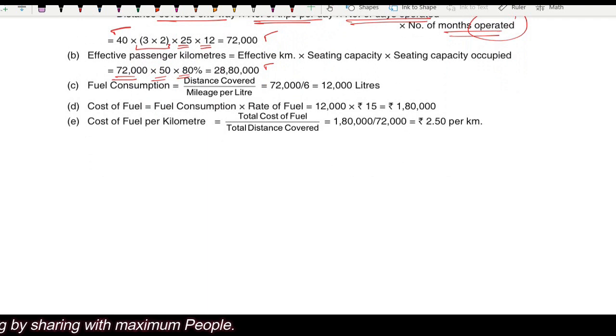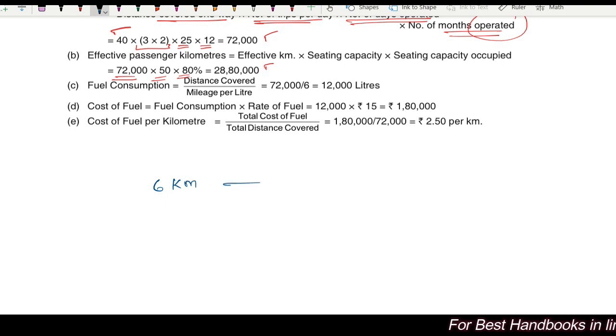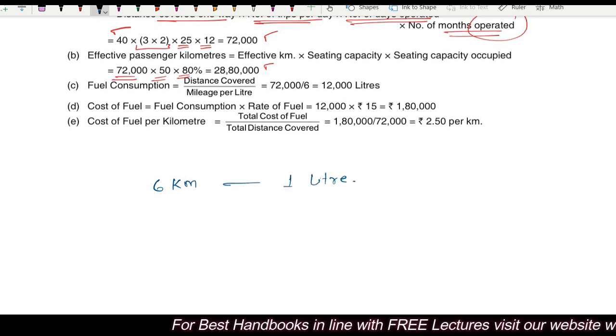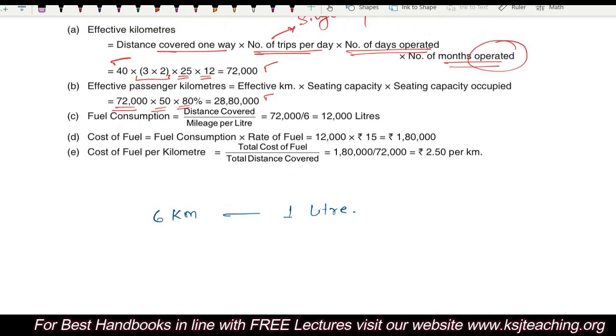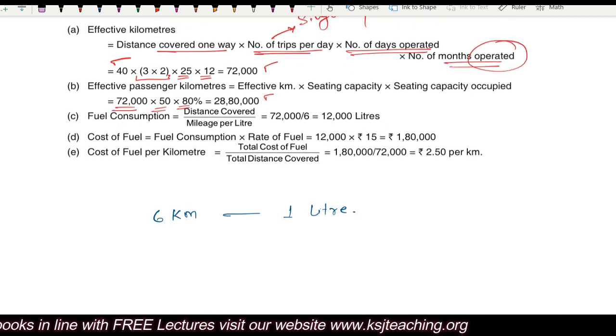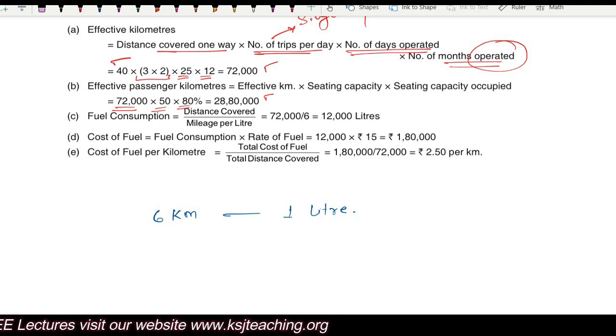Now, what about the fuel consumption, sir? Fuel consumption. Now listen to fuel consumption. For the fuel consumption, it says in 6 kilometers, 1 liter of the fuel is consumed. Now, how many kilometers will this vehicle be traveling? 72,000 or 28,80,000? This was the point that I discussed in the last lecture.